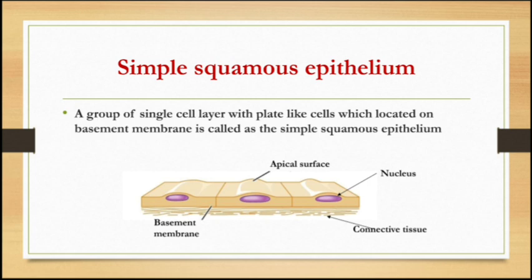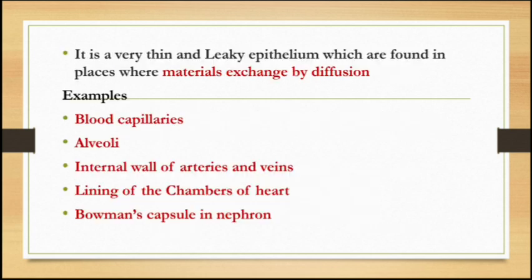So in this diagram you can see the basement membrane and underneath connective tissue, and plate-like squamous epithelial cells, nucleus and apical surface. Then it's a very thin and leaky epithelium which is found in places where materials exchange by diffusion. What are the examples of material exchange by diffusion?